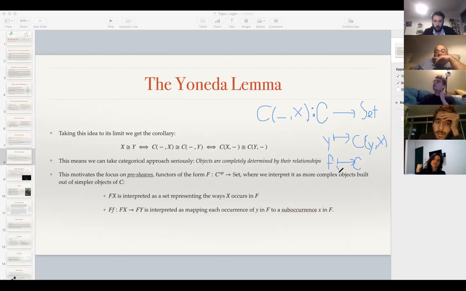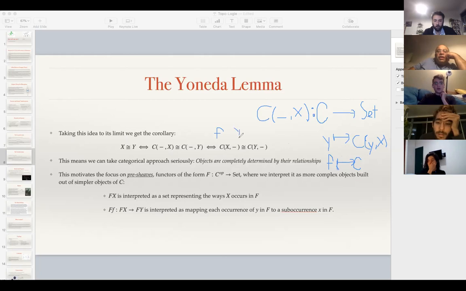I don't know what it does with morphisms off the top of my head, though it should just come out of the definition. So if f sends y to z, then this would send it to c z of x.